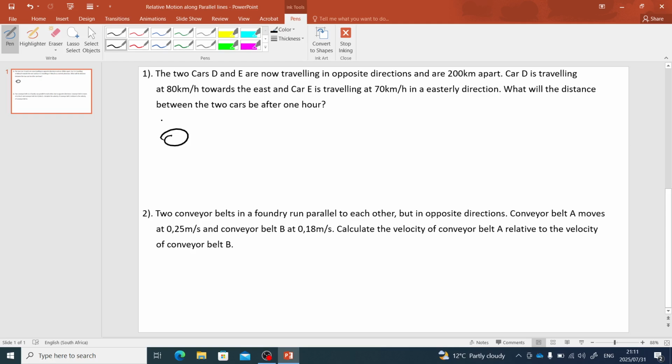This would be VD. It's heading towards east, at 80 kilometers per hour.